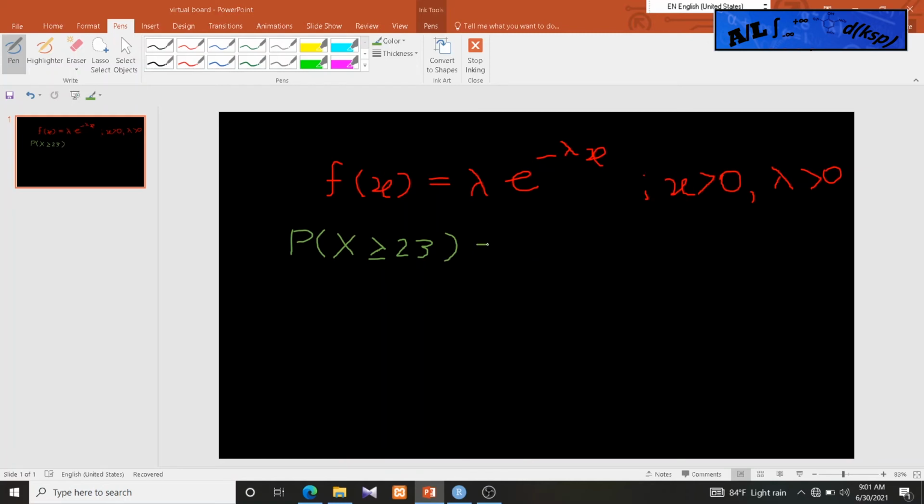The probability can be rewritten in terms of the integral of this continuous probability density function, lambda times e to the power minus. Let me do it like this. I'm not familiar with this interface, that's why.